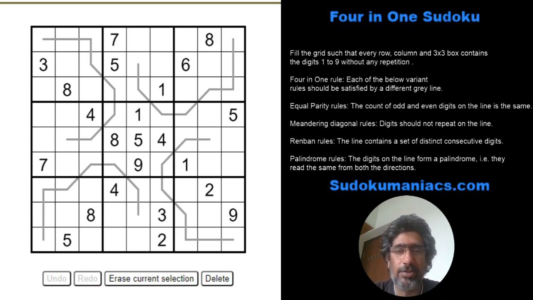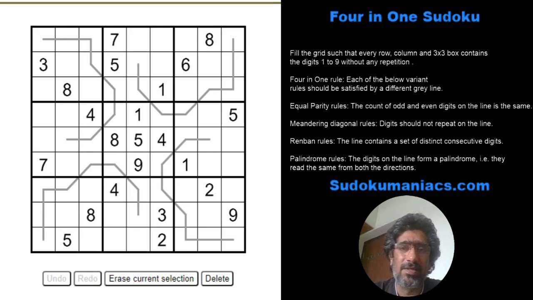So if from one direction the first 4 are 1 2 3 4, then the sequence will continue as 4 3 2 1 to complete the line. So at the outset, it seems that 2 lines can have digits repeating, and the meandering diagonal and the Renban will not, because the digits can repeat in equal parity as well as on a palindrome.